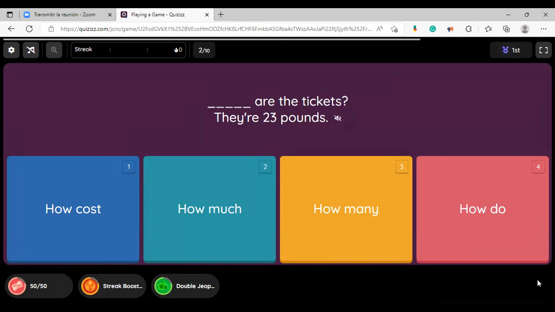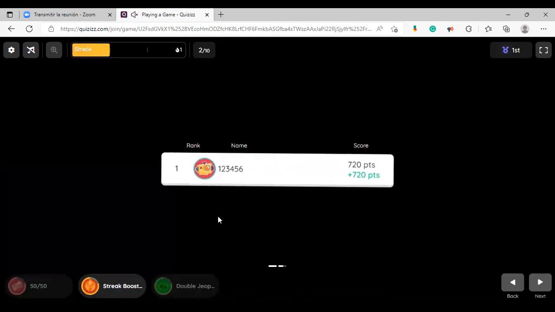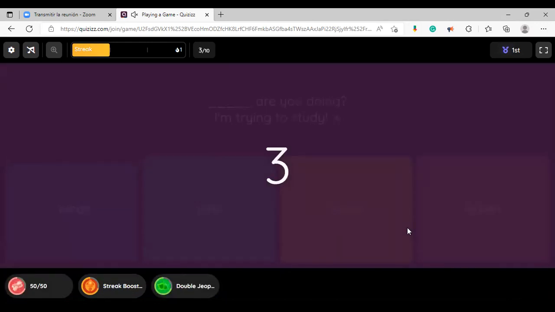The other one? How many? How many? But usually when we say they're 30 pounds, how much, right? How much does it cost? Pounds are in British English, right?